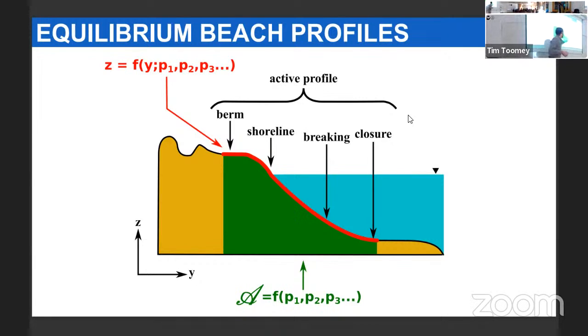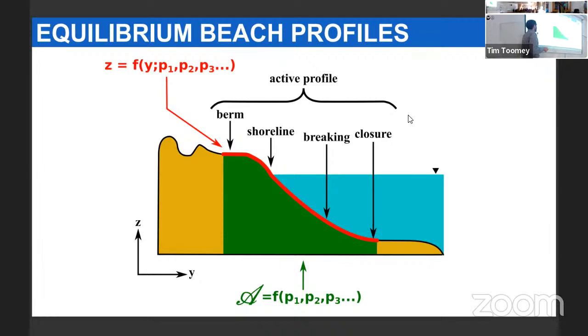It starts at what we call the closure depth, where sediment starts to be mobilized. Then waves break, then they run up to the shoreline, and there's still a zone, as we were talking before, where they can change the shape. And there we have other shapes, but these are not generated by waves and currents, but by wind and other effects. So we are interested in this zone.